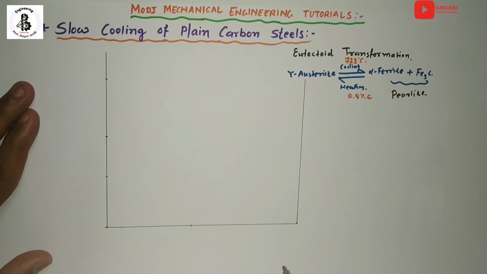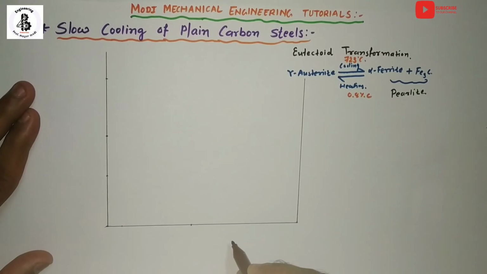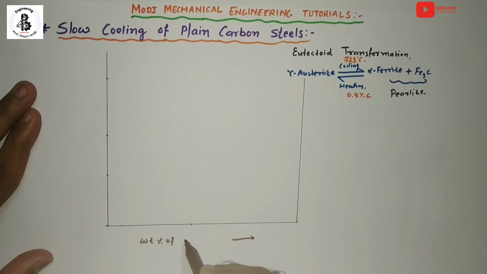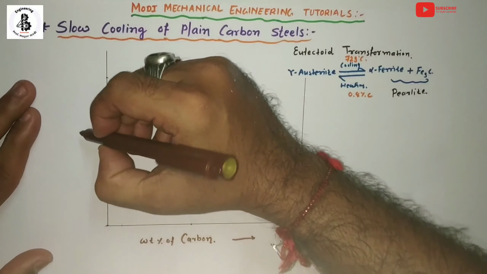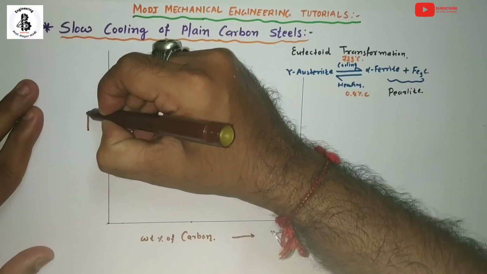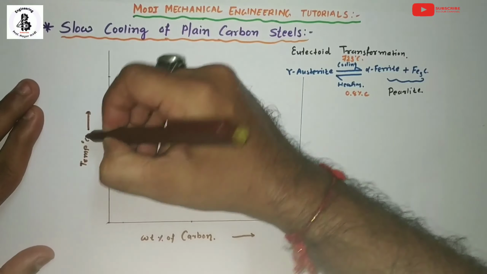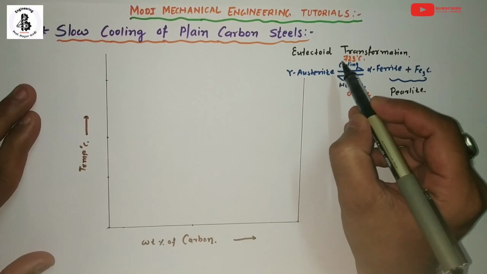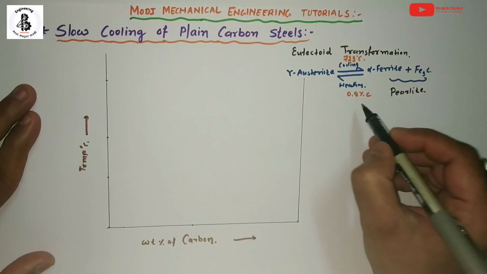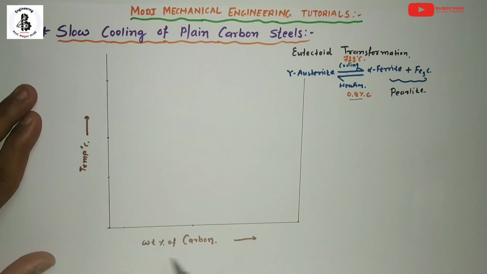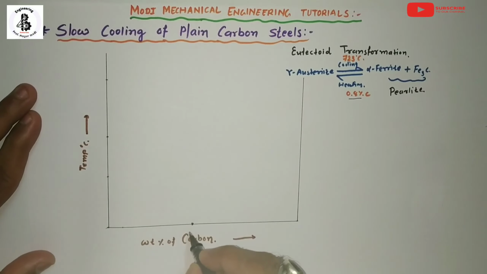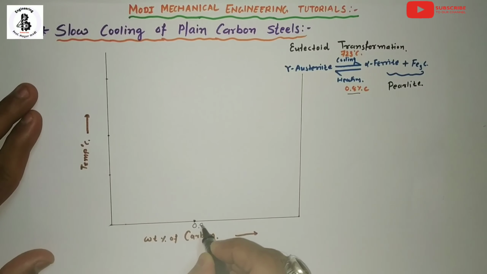As per the iron carbon diagram, the x-axis represents weight percentage of carbon, and the y-axis represents temperature in degrees centigrade. The eutectoid transformation occurs at 0.8% carbon and a temperature of 723 degrees centigrade.